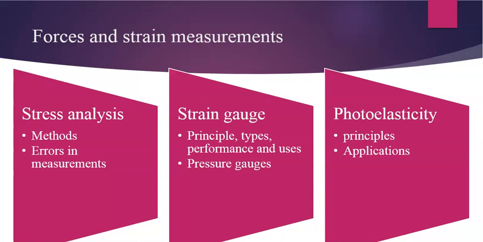The next one is the strain measurements. Strain measurements can be done using the strain gauges. What is a strain gauge? A strain gauge is a device which is used to measure the dimensional changes on the surface of the structural member under some test.